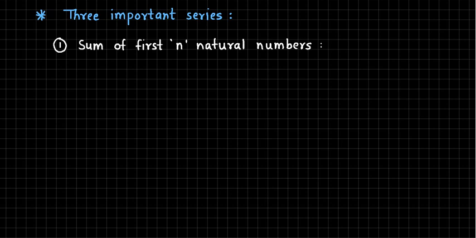Now let's move ahead and see 3 important results. The first one gives us the sum of the first n natural numbers. So that means we have to find out the formula for the sum of 1 plus 2 plus 3 plus so on up to some natural number n.